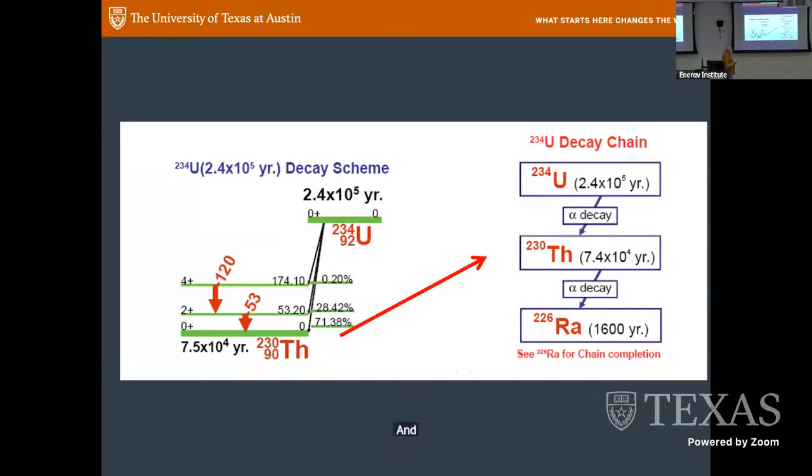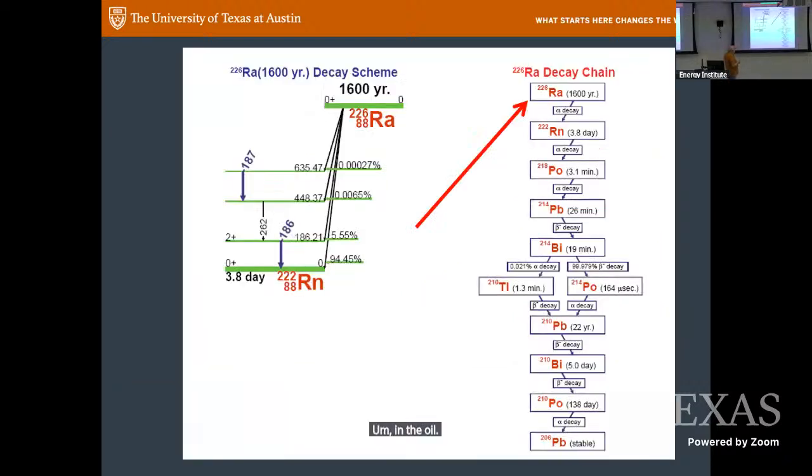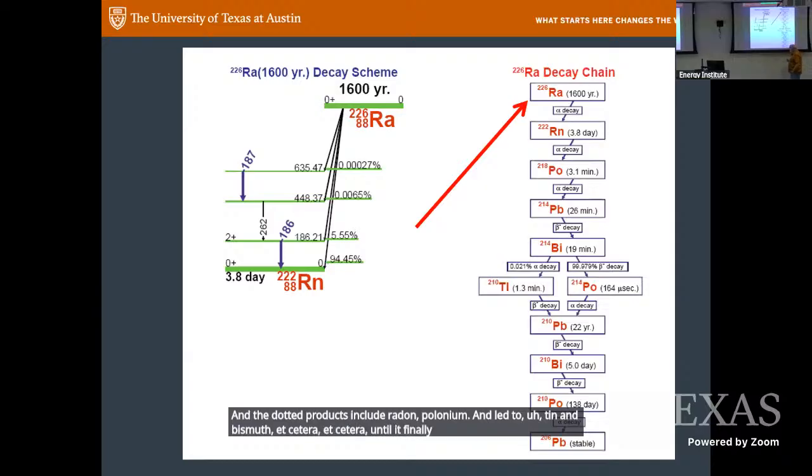And this radium-226 is the one that gets involved in the oil, in the petroleum, plus all of its other daughter products. The daughter products include radon, polonium, lead, tin and bismuth, et cetera, until it finally goes out to a stable 206.